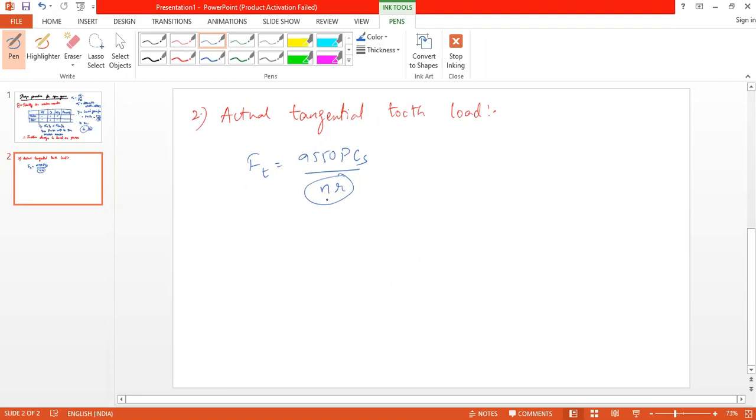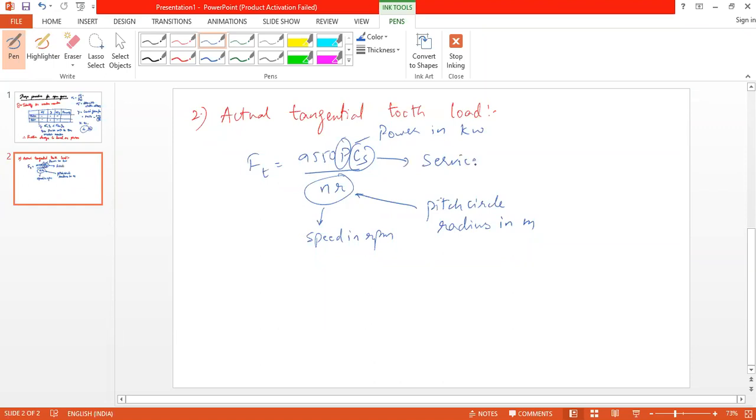N is speed in RPM, r is the pitch circle radius in meter, P is power in kilowatt, and Cs is the service factor. You need to take it from the table.